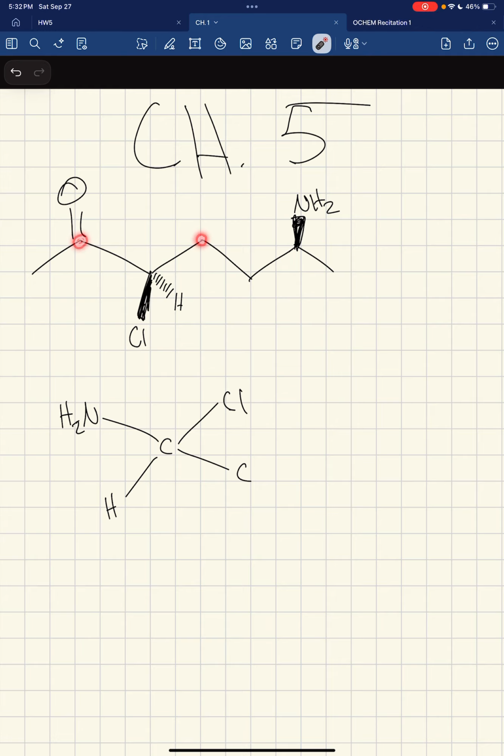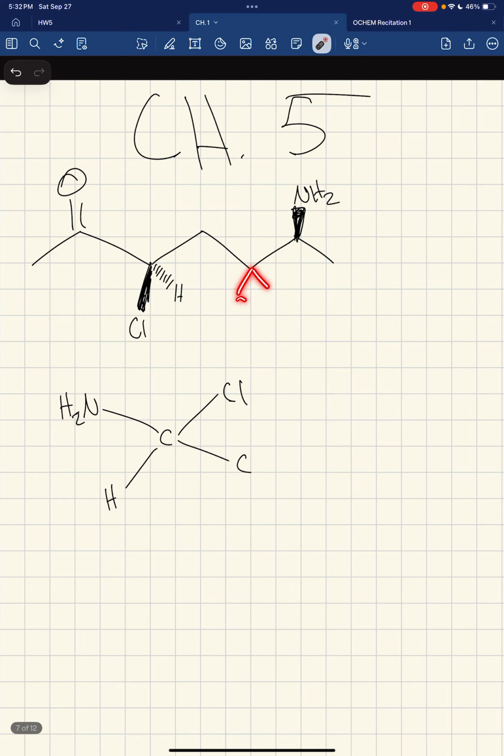It's clear that it's a chiral center because this one has the O. But if there wasn't an O there, you'd have to keep going and look at the second carbon on each side. This one has 3 H's, and this one only has 2 H's, so it's different, a chiral center.